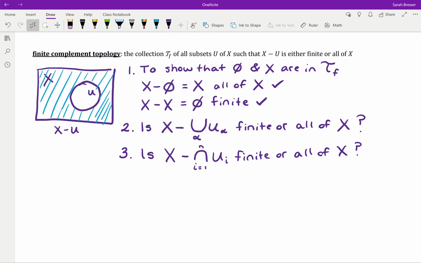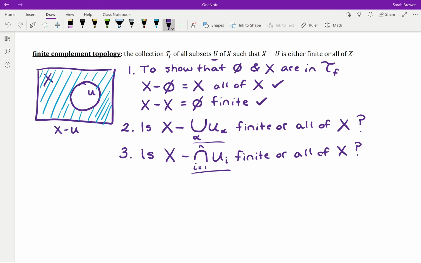Okay, and maybe just to reiterate why we're writing it this way. Remember, we're saying that these U's are the open sets of X, right? And our definition of a topology requires that these unions and intersections of U be in the topology.